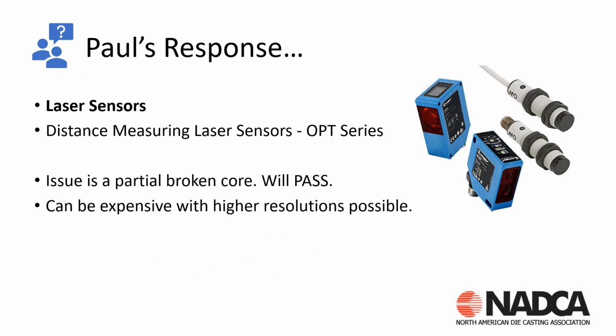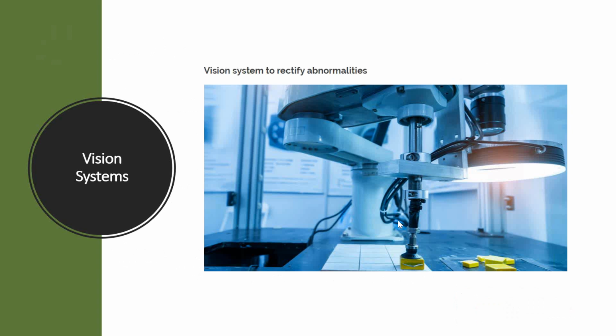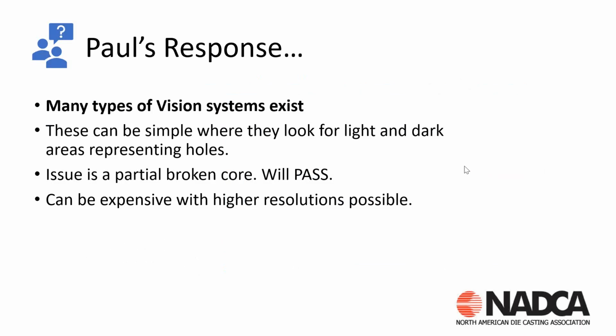Other systems, and I've used these, so I've used a vision system. Vision systems can be as simple as a camera looking for light and dark areas. So you take the casting, you put the casting in a fixture, and the camera takes a picture.